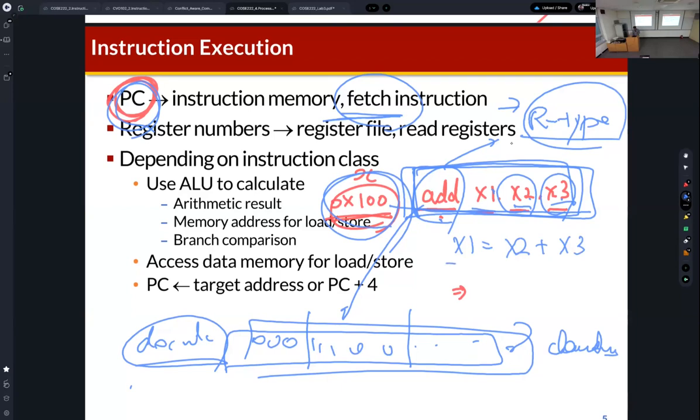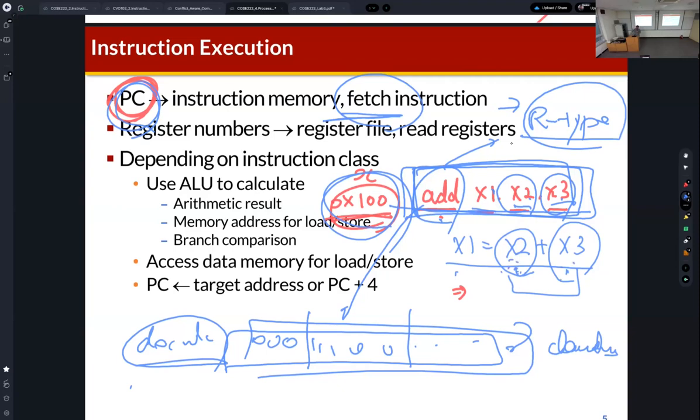For this operation, a processor needs to read data from the register file, because in order to execute the add operation, we need to get the data operands from the register file.